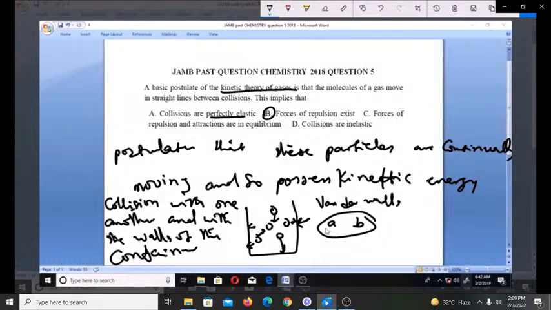If you check the Van der Waals equation, you see where this correction for force of repulsion is taken care of. So B is the accurate answer, but take note of the postulate of the kinetic theory of gases: the gas particles are in continual motion, and so they possess kinetic energy, and as they are moving, they are colliding with one another and with the walls of the container. Thank you.